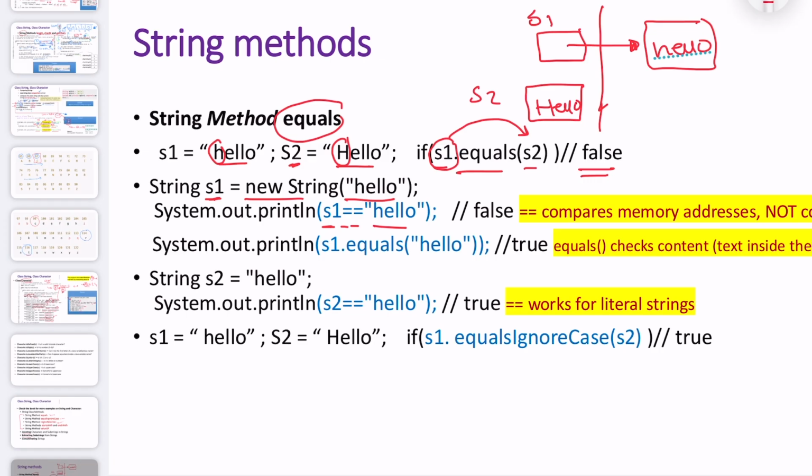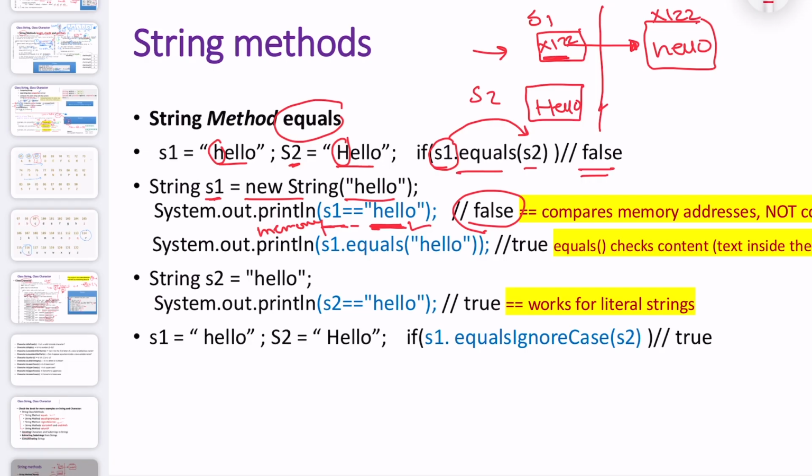I am comparing whether what is inside S1 is equal to hello. What's inside S1 is not hello. What's inside S1 is a memory address to the space in the memory that refers to the word hello. So here you are comparing a string with a memory address. So the output is false.